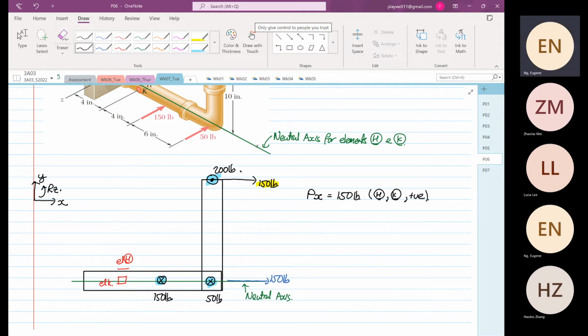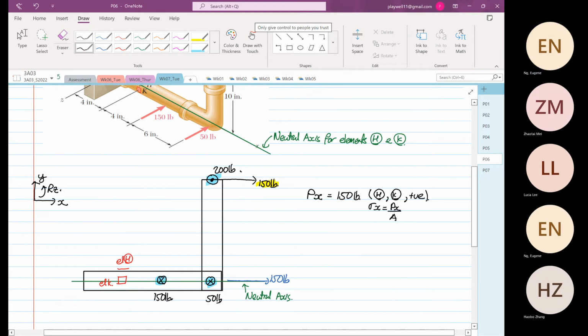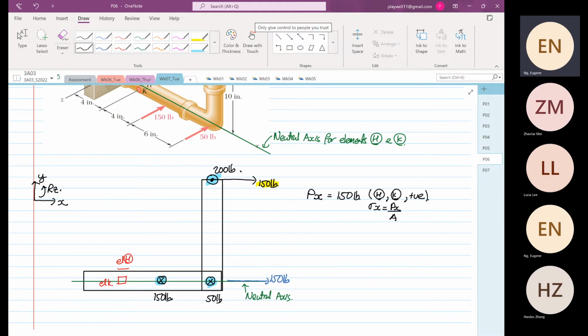So what else is the 150 pounds? When I say tension, what do we mean? For this case, if we calculate stress x equal to Px over A, it's going to be in tension. And then we are aware that we are going to have a moment. Now we are not doing static analysis. All we are saying is that positive is going clockwise.